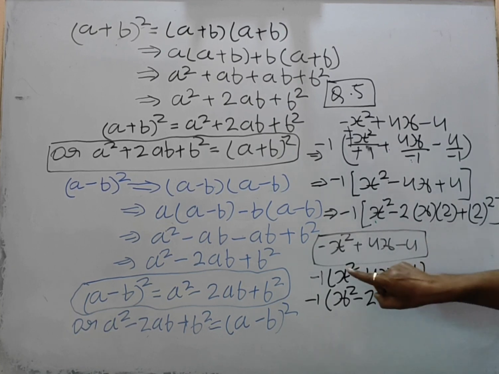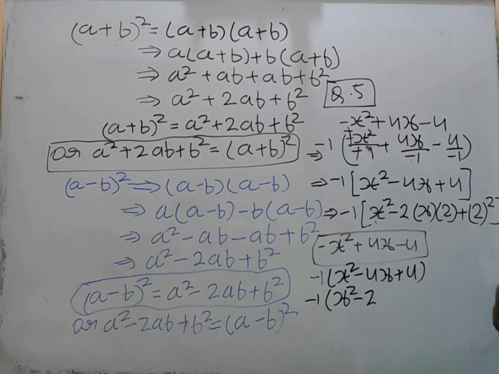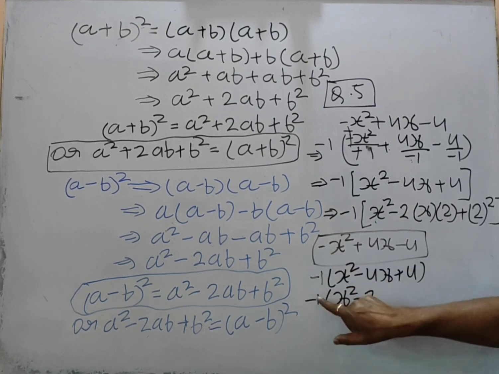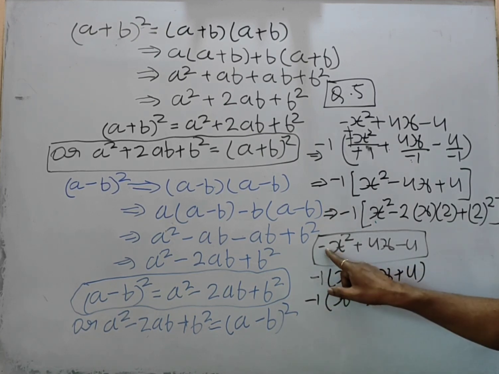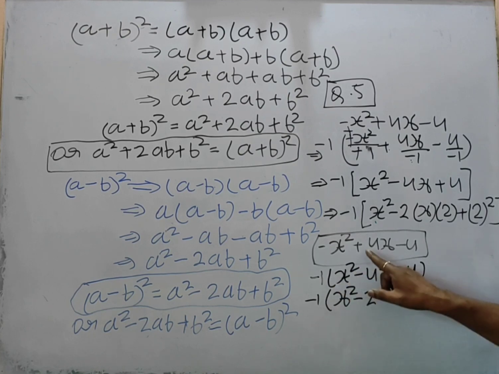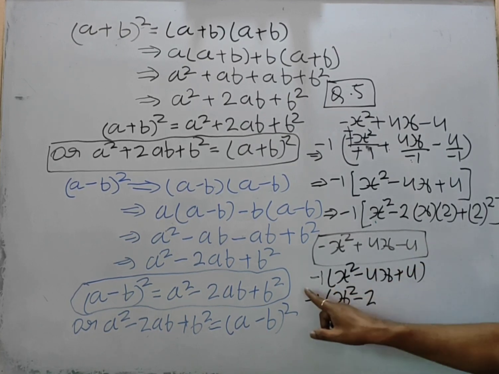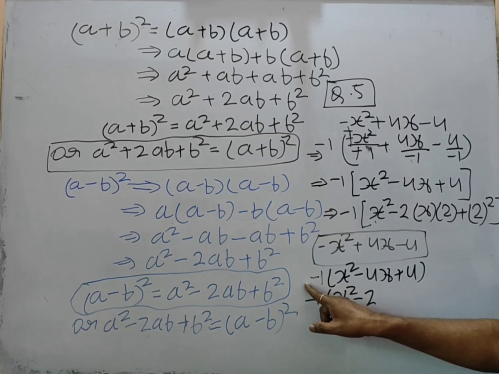No, no, we will not write plus, because we have taken minus 1 common. So this minus turns to be plus, this plus turns to be minus, this minus turns to be plus, because we have taken minus 1 outside as a common.